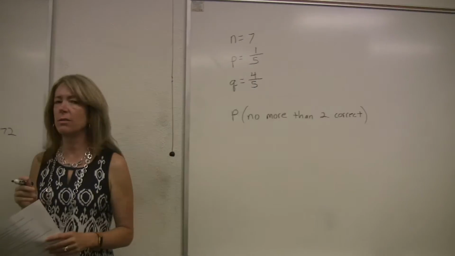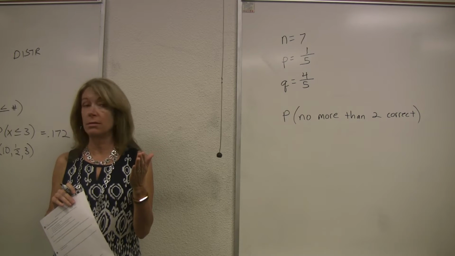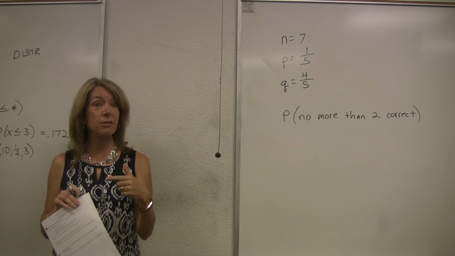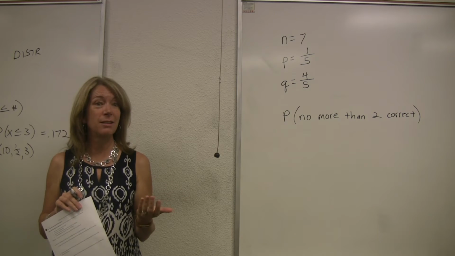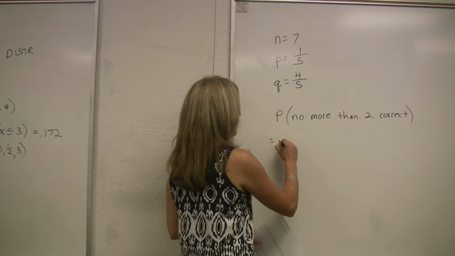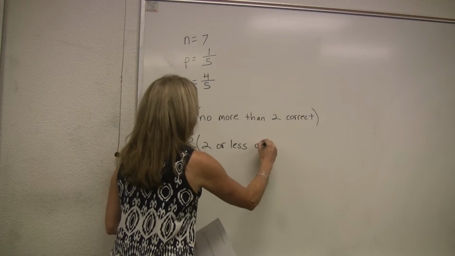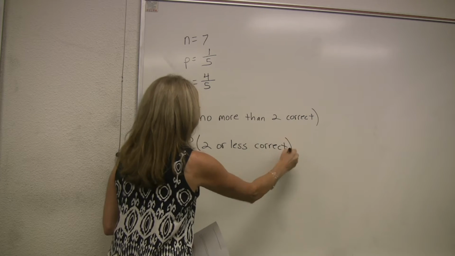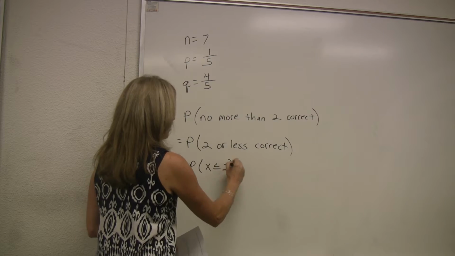The most you can get is 2. You can get 2, you can get 1, or you can get 0, so we're really saying 2 or less. Sometimes you have to reword it in your own words. And if we write it as symbols, do we agree that it's less than or equal to 2?